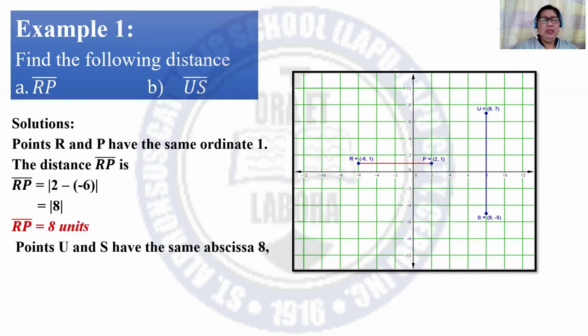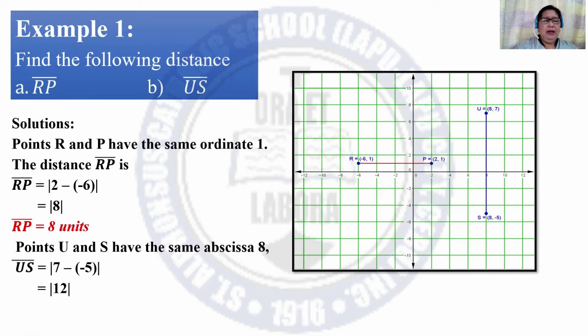Next, points U and S have the same abscissa, which is 8, because the segment passes through x equals 8. So, segment US is equal to the absolute value of 7, which is the value of y sub 2, minus negative 5, the value of y sub 1.